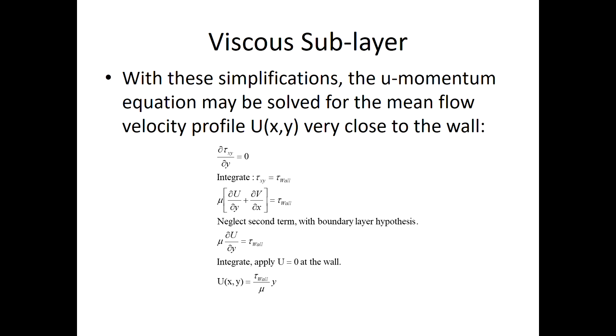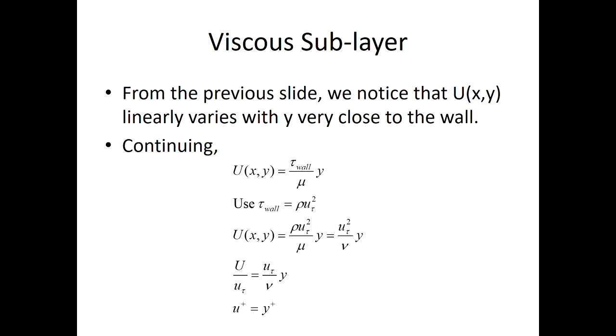So this is what Prandtl did. He said, I'm going to call this tau wall equal to, it's got units of density times the velocity squared. So he said, I'm going to represent tau wall as density times a quantity called u tau squared. U tau is called a friction velocity or a wall friction velocity. So now you could write tau wall as rho u tau squared.